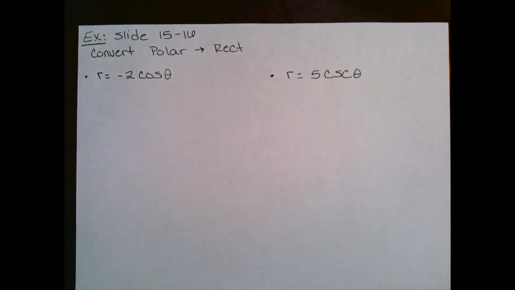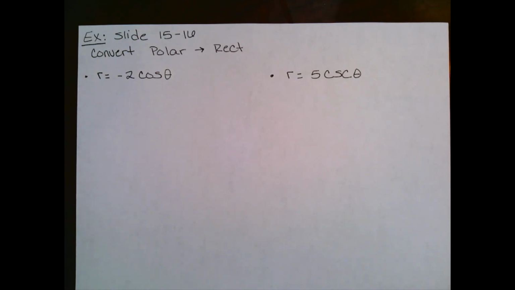All right, I have these last two questions for you here. I would consider these a little trickier just because they're not as upfront in which formula you need to use. So if I look at the first one on the left, we are going from polar to rectangular. I do have a formula for r, but I don't have a formula for simply cosine of theta. If you look back at your formulas, the only one I have with a cosine of theta is an r times cosine of theta.